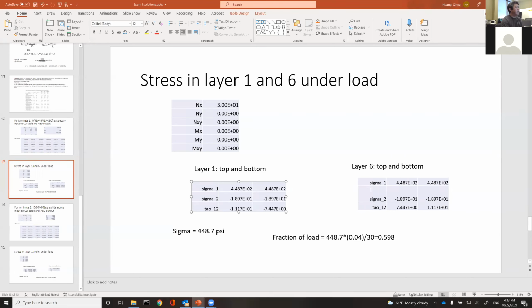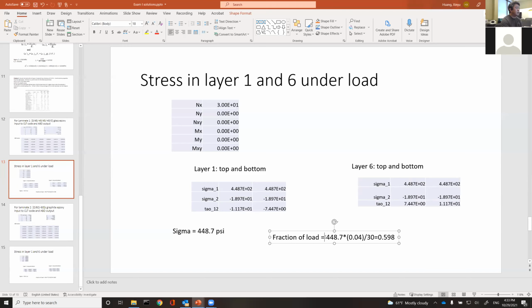Now let me calculate the fraction load taken by layer 1 and layer 6. The way you calculate it is you multiply the stress by the thickness of the layers, because they have the same stress here. I just calculate them combined. The total thickness of the 2 layers is 0.04, since each layer is 0.02.